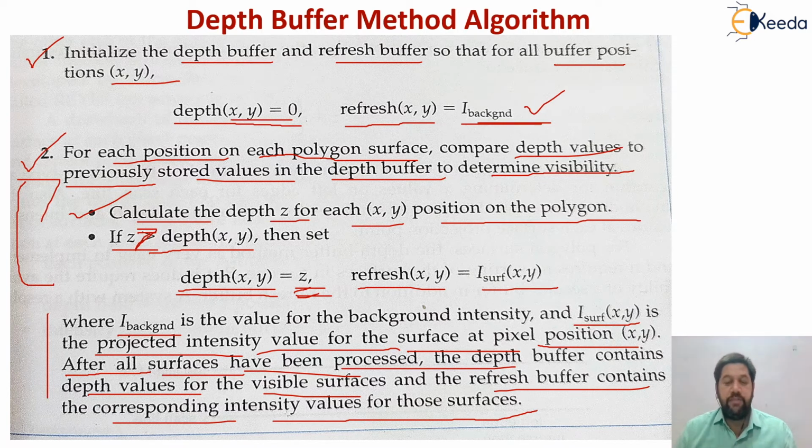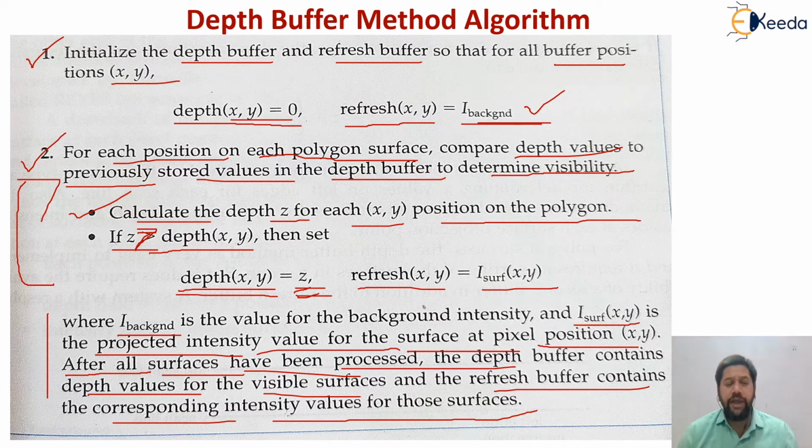So this is very easy and small, having only a 2-3 step procedure that is repeated. The procedure is easy to implement and easy to understand. That's why we refer to it as the depth buffer method algorithm.